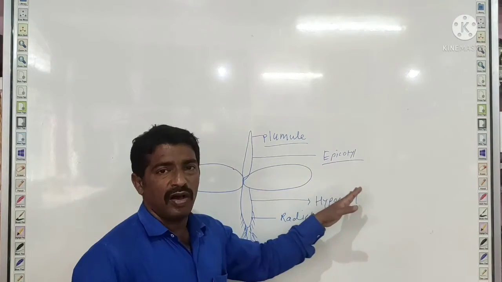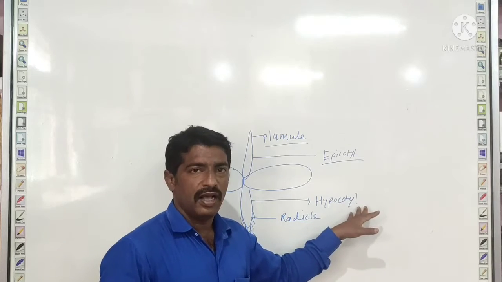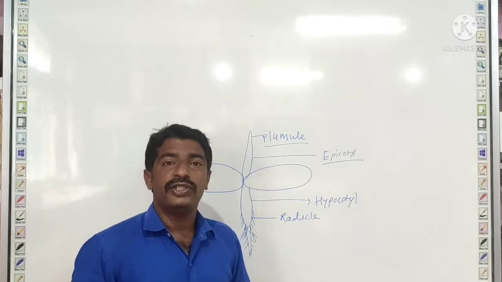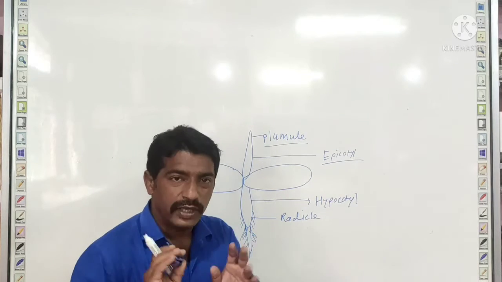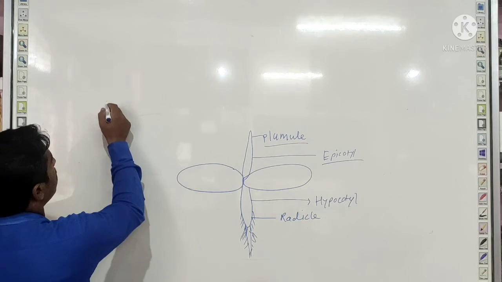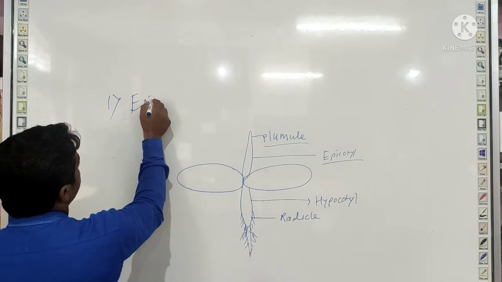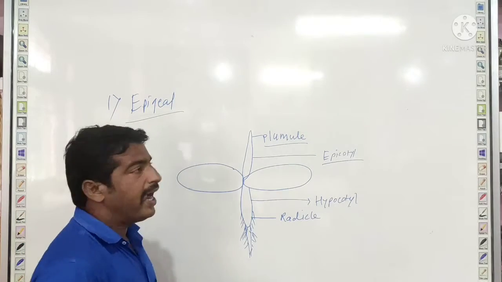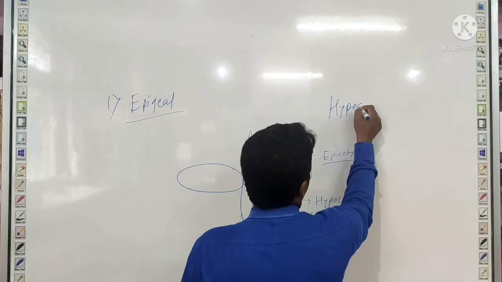Based on the elongation of the hypocotyle or the epicotyle, germination has been classified into two types. The one is epigeal germination, and another is hypogeal germination.